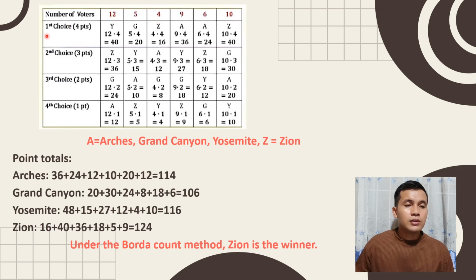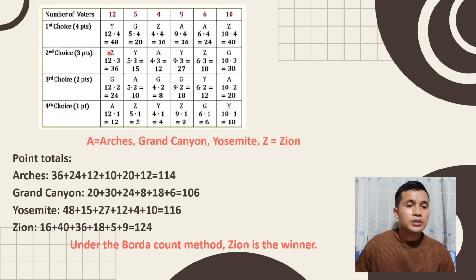On the first row they will get 4 points, so all the voters here will be multiplied by 4, then on the third row they will get 3 points, multiplied by 3, then the fourth row will be multiplied by 2, and the last one will be multiplied by 1.